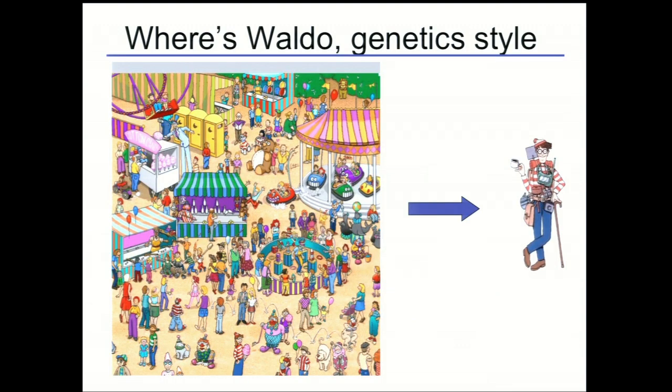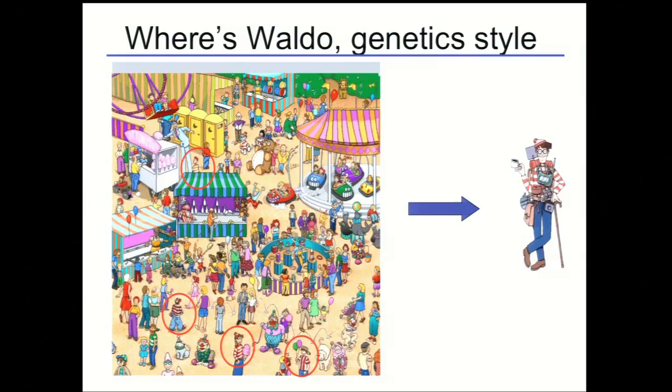So this is the cartoon version of what I just told you. Those of you who know Where's Waldo, the goal is to try to find Waldo in that picture. So this is how easy it is to find complement factor H associated with age-related macular degeneration. No matter how you do it, it's going to pop out at you.